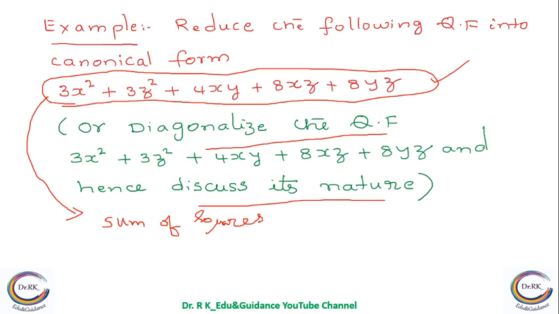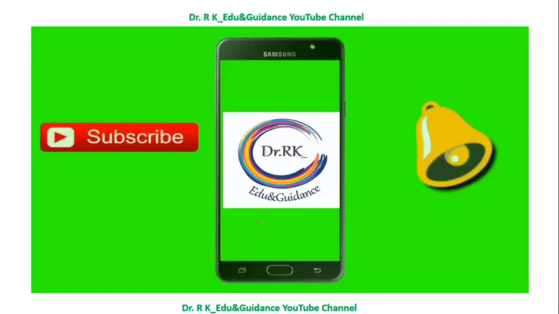To summarize the session today, what we discussed is the quadratic form. So what is a quadratic form? A quadratic form is nothing but a homogeneous polynomial of degree 2.